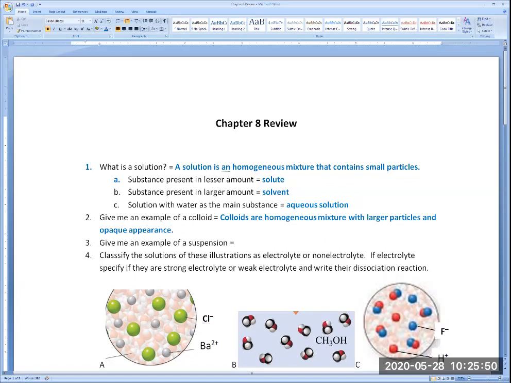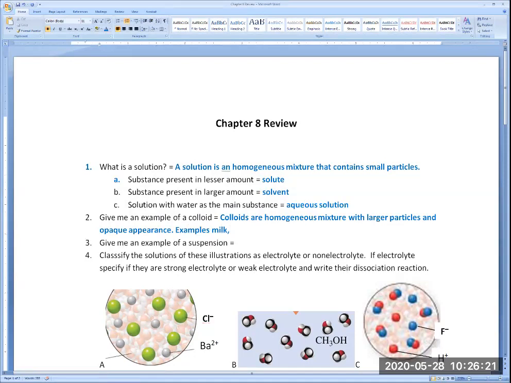And so examples of colloids would be milk. Milk is a typical example because it's opaque, right? You cannot see through milk. It's made of water as the base, as the solvent, but then there are proteins, lipids, lactose. You have a lot of big molecules in there. So that's a colloid.